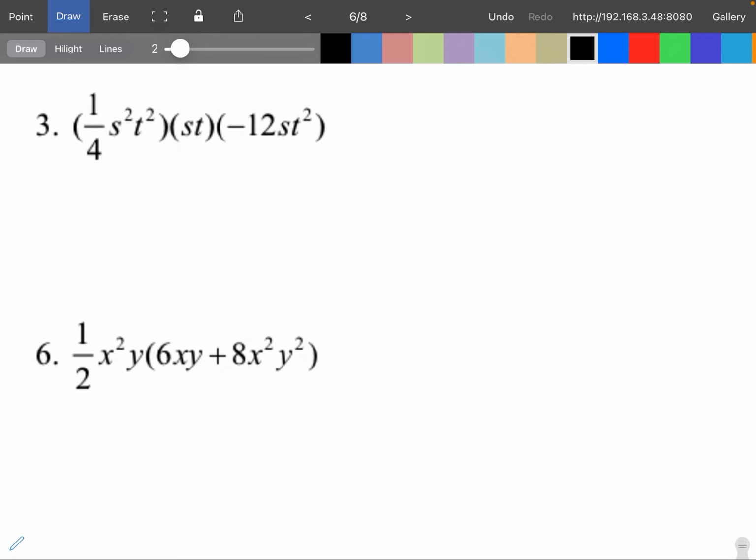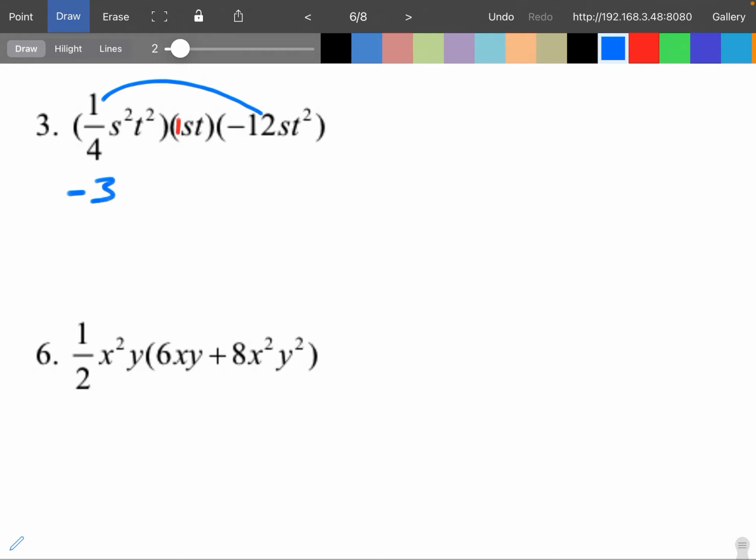So let's go to number 3. On number 3, you'd have a 1 right here in front of that ST. But really, you're going to multiply the 1/4 times the negative 12. Multiplying by 1/4 is the same thing as dividing by 4. So what's negative 12 divided by 4?